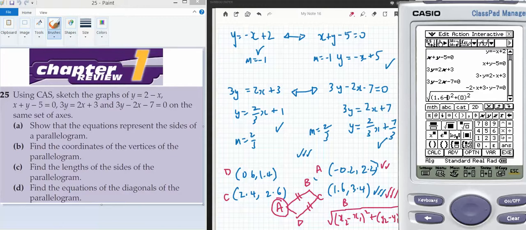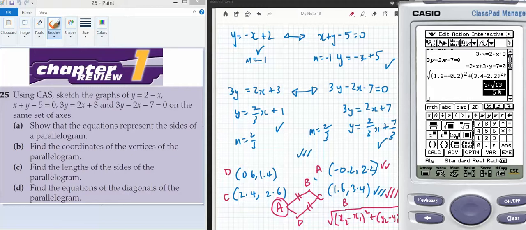x1 is negative 0.2. And y2 will be 3.4. And y1 will be 2.2. So it's going to be the exact length of AB.